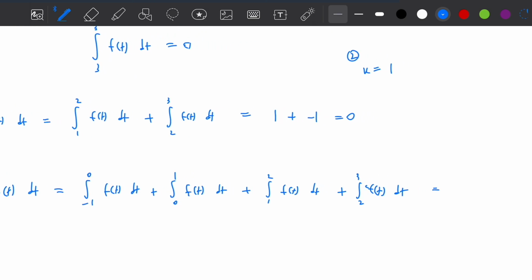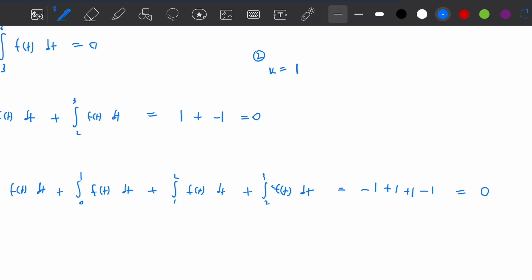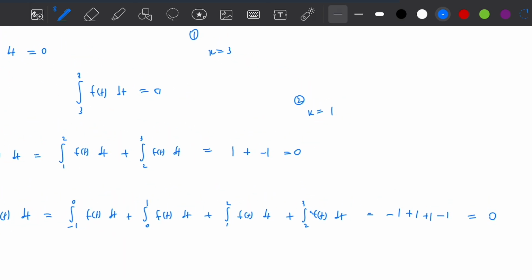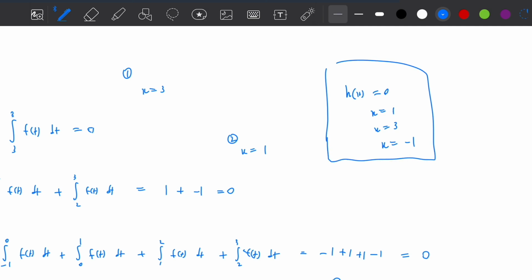This would equal -1 plus 1 plus 1 minus 1, which gives us 0. Meaning the third solution is x equals -1. So the values for which h(x) equals 0 are x equals 1, x equals 3, and x equals -1, which is the final answer for part C.